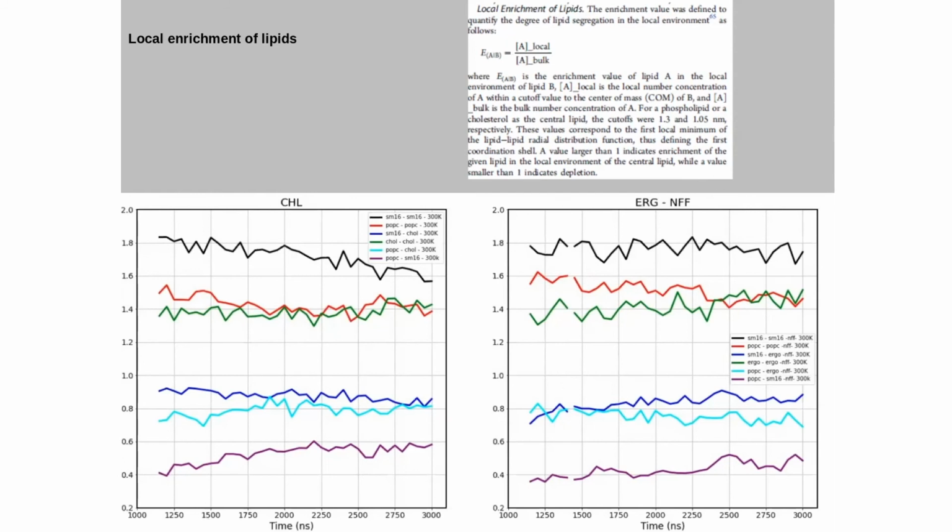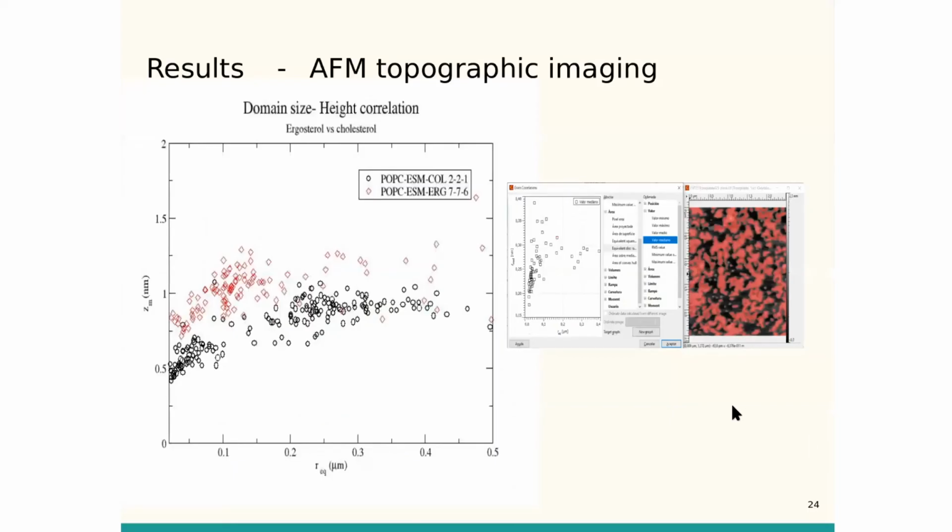Ergosterol should order sphingomyelin a lot more, producing a difference in width, and we are not seeing this in the simulations, and that's a really terrible thing, because we have to have this reproduction of the experimental results to have confidence in the simulation. But the advantage is that we can go back and see what happened, why we have this problem.